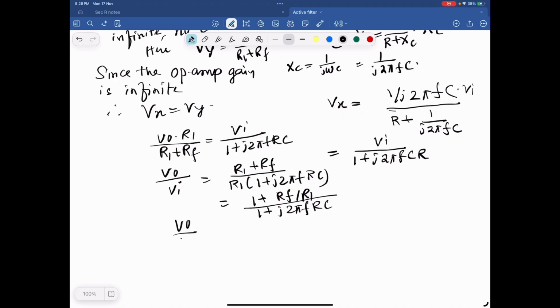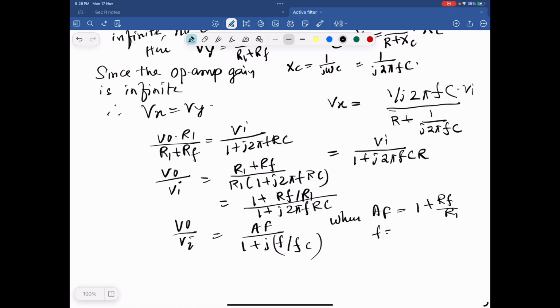So Vo by Vi is equal to AF by 1 plus j f by fc, where AF is equal to 1 plus Rf by R1, f is equal to the frequency of the input signal, and fc is equal to 1 by twice pi RC.